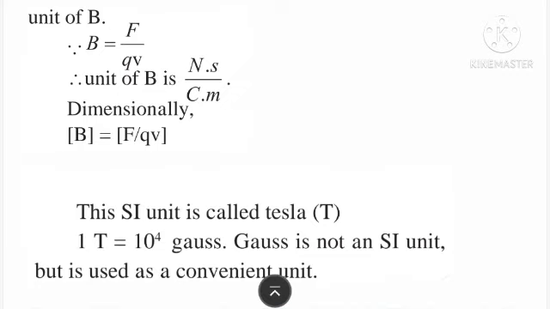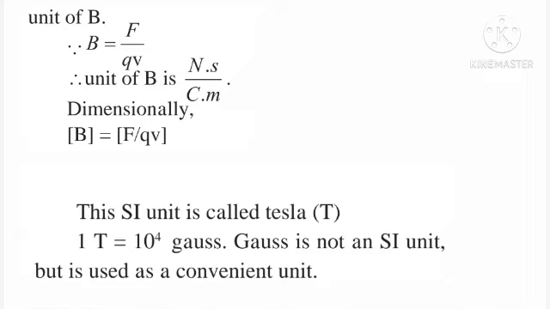Here in the above equations we have studied magnetic field B. So what is magnetic field B? It is nothing but the ratio of magnetic force upon the product of charge q with velocity v. From this equation we can write the unit of magnetic field as N into s upon C into m, where N is Newton, s is second, C is Coulomb and m is meter.